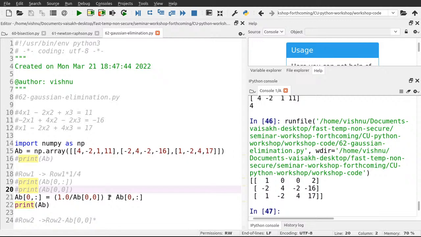So the scalar multiplication is not working as expected. 1 by 4. So this is not correct. So this is also not correct. 11 is turning out to be, I think it's because 11 by 4 is how much? I think it's getting approximated.